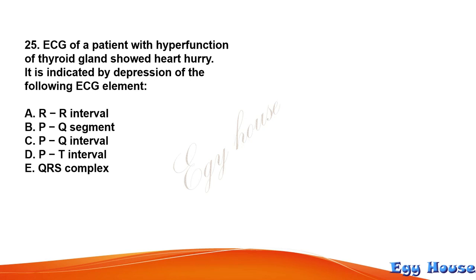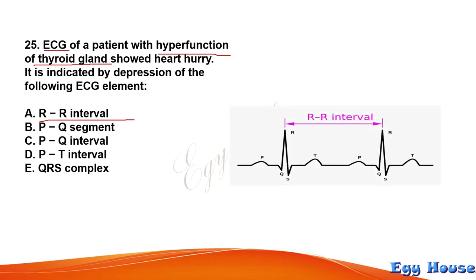The last question in this video will be: we had an ECG of the patient, who was diagnosed with hyperfunction of the thyroid gland, and in the ECG we found depression of the RR interval. I can show you here the RR interval.